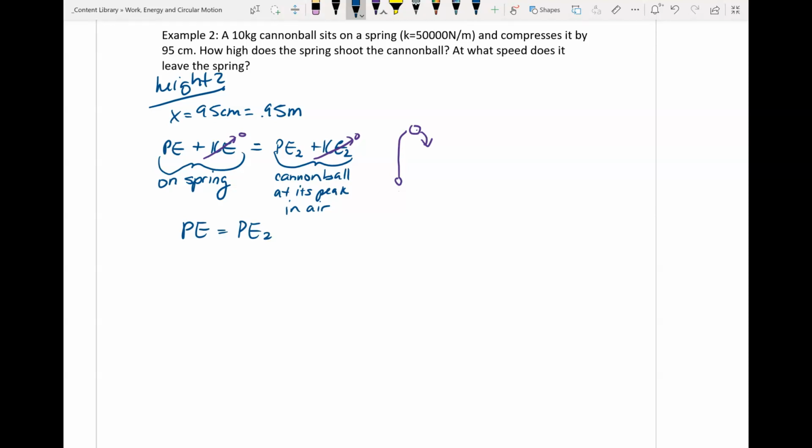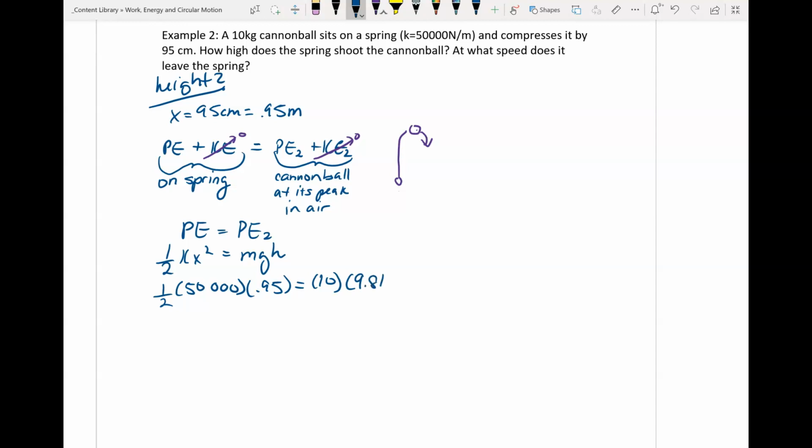Our potential energy on the spring is calculated as a half kx squared. Our potential energy when it's in the air is mgh. Now I'm going to fill in the information we know. So k is 50,000. Our x is 0.95. The mass of our cannon is 10.